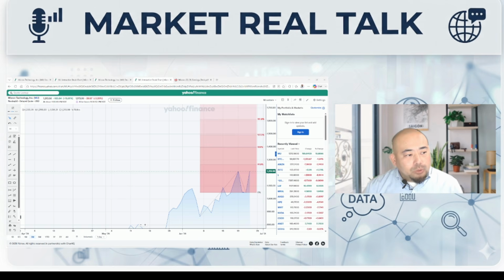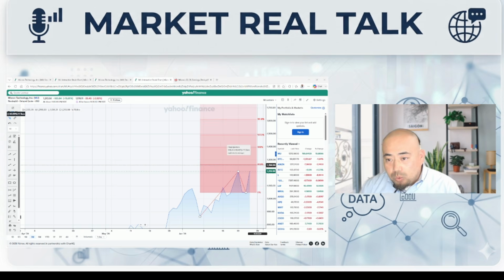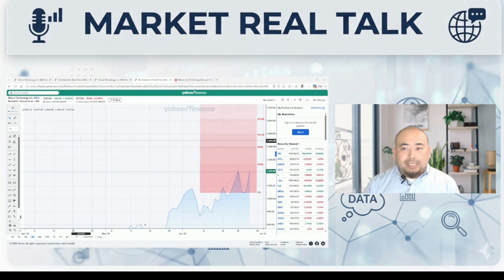The 1.618 extension is the default target where big institutional algorithms and professional traders line up their take profit orders. And of course, because everyone expects a pause or a reversal at this point right here, the 1.618, it becomes a self-fulfilling prophecy. Okay? They call that the golden ratio.